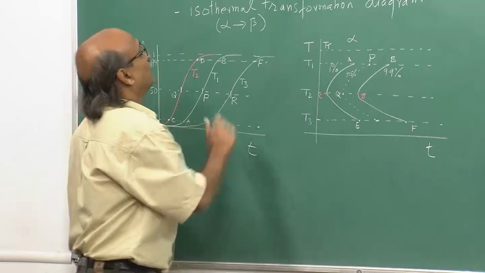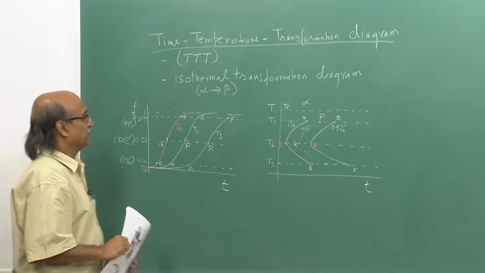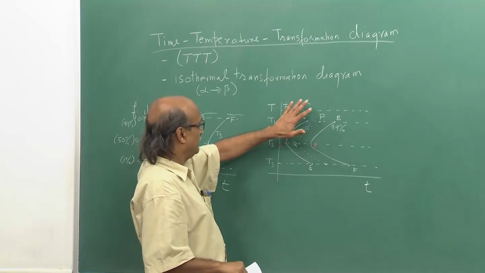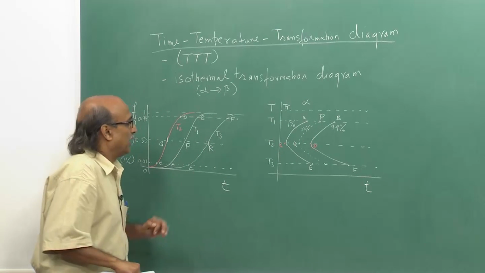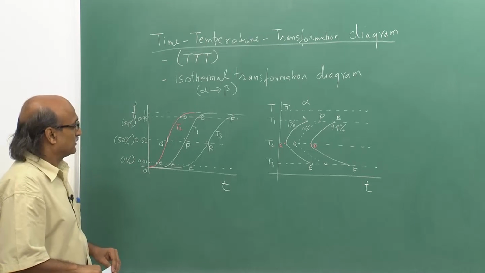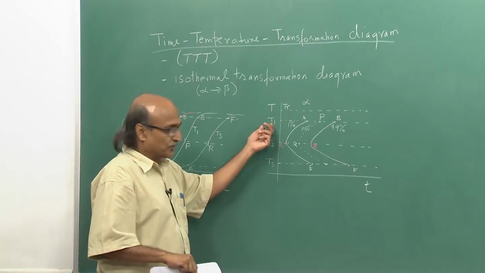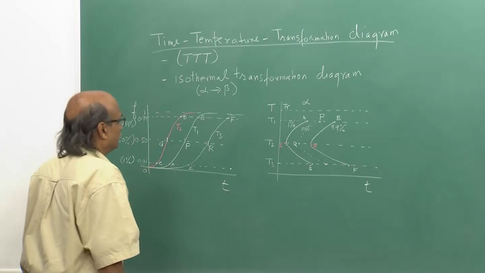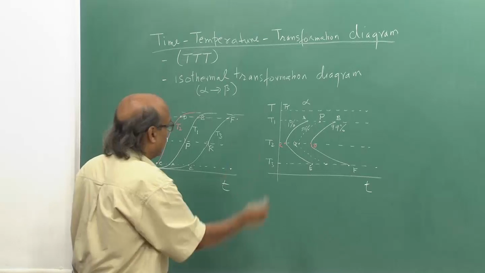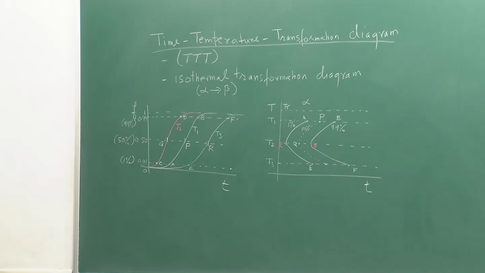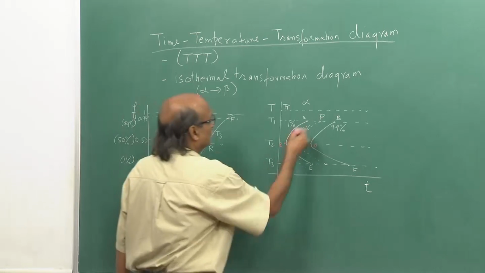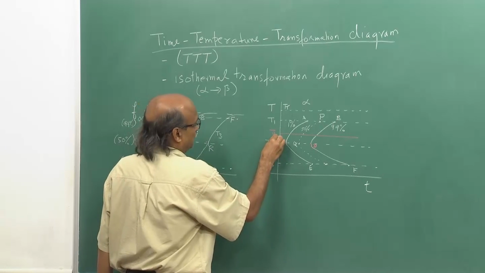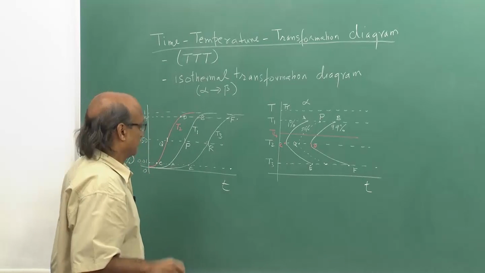This constitutes what is called the time temperature transformation diagram, because in one single diagram I have very neatly put down the amount of transformed product given a temperature of transformation and given a time. So, for example, if I want to find out at a temperature, let us say T4, what is the situation?